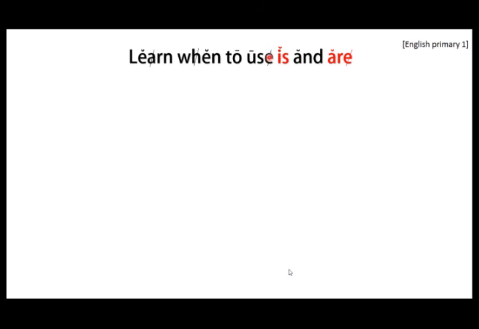Learn when to use is and are. Before we go into our reading properly, or before we learn to read properly, we must learn some rules. We use is to tell about one thing.